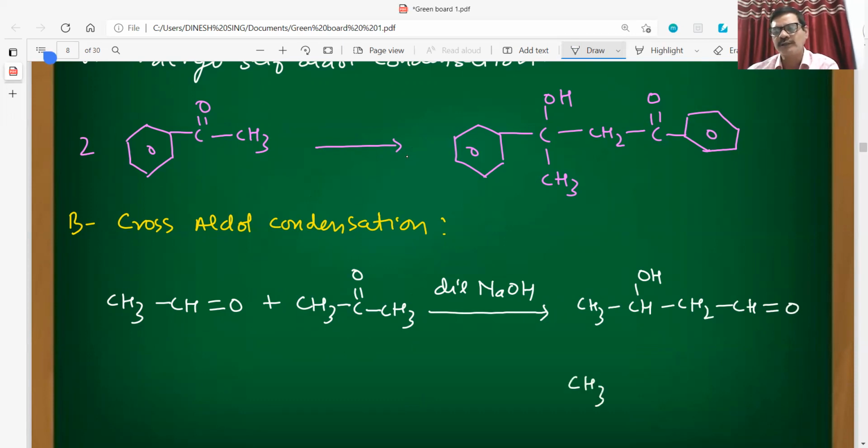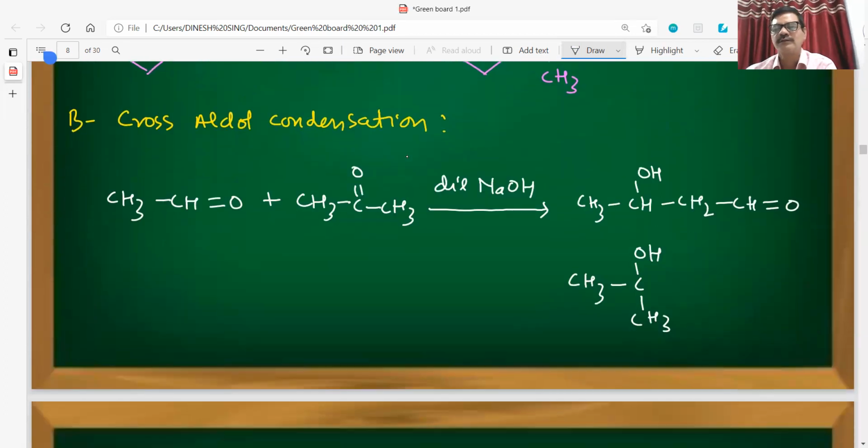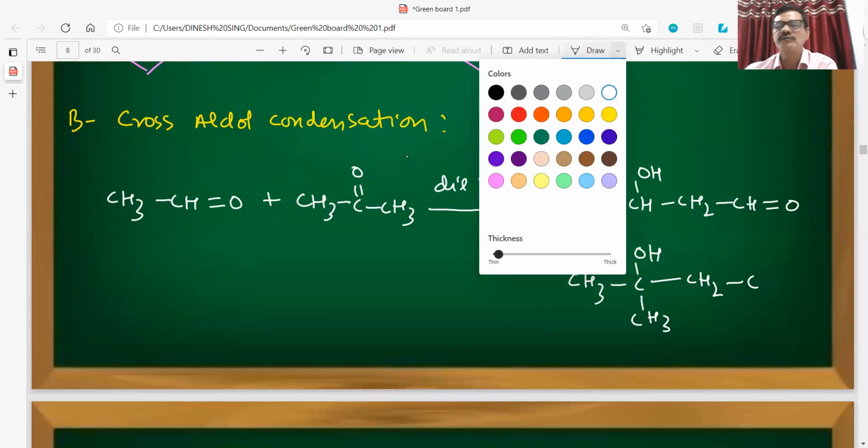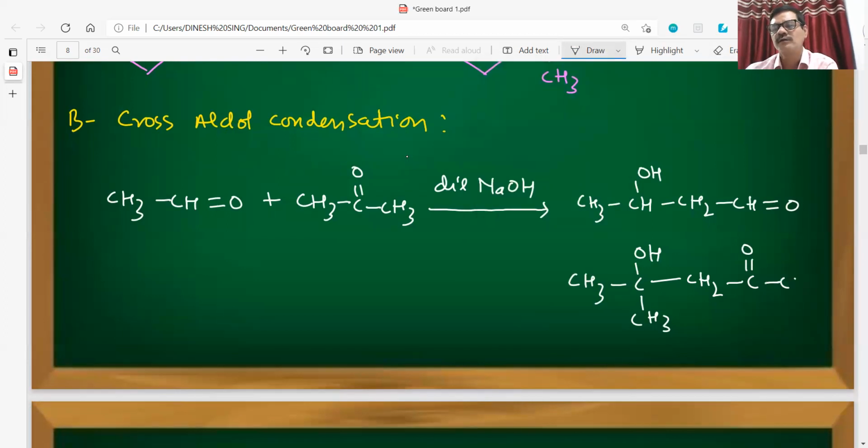Another product due to the ketone will be this self only, CH3C(OH)(CH3)CH2COCH3. These two products are self products. So here we will get a mixture of products.